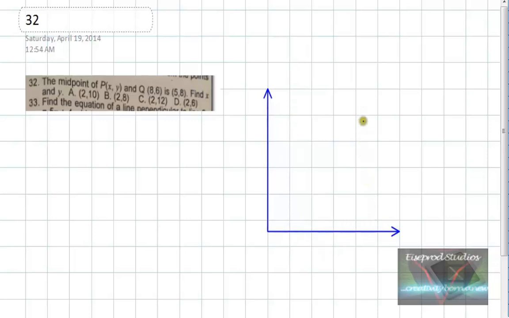I just want to illustrate what it would look like. So out here we'll say is the point Q, (8, 6), and they tell us that the midpoint is (5, 8). So I'll go out a little ways, go up a little bit more. We'll call this the midpoint. And then we have a point P up here, and we don't know what it is. We just know it's x and y.